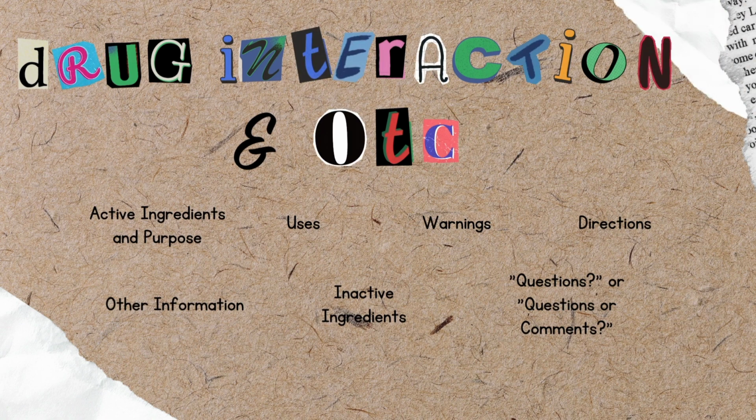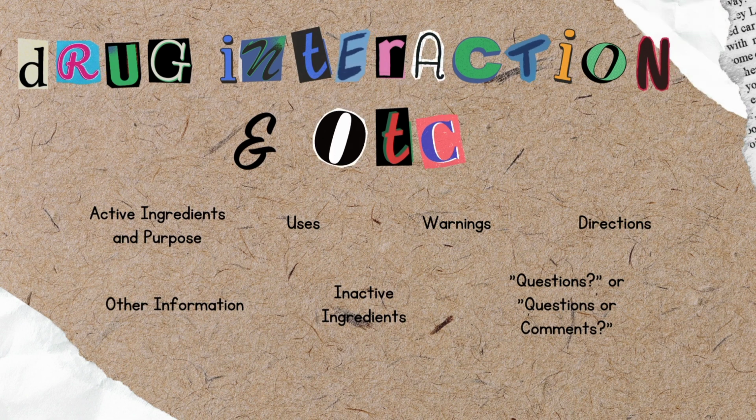The inactive ingredients section of the label tells you the name of each inactive ingredient, such as colorings, binders, etc. The questions or comments section of the label, if included, provides telephone numbers to answer questions about the product.